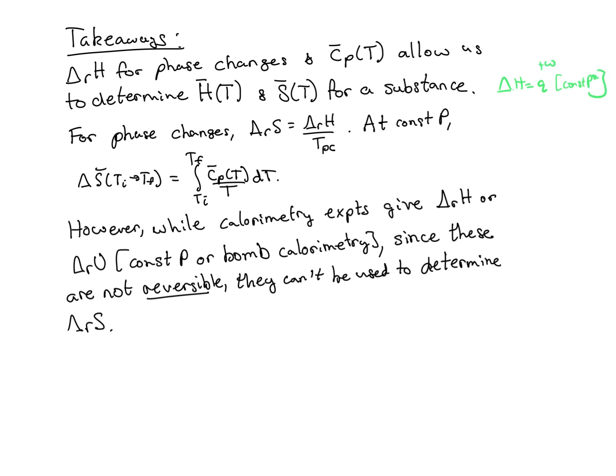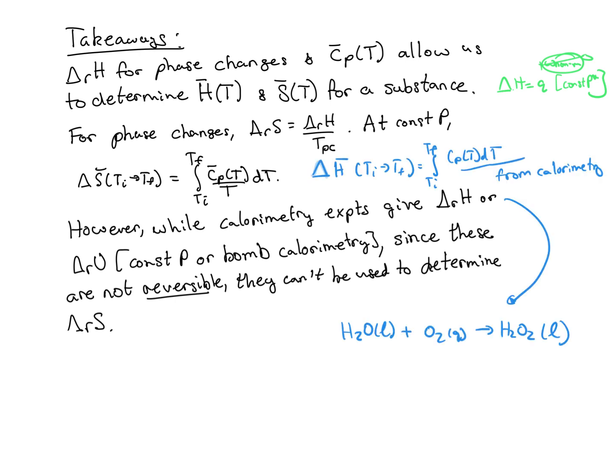Then at constant pressure, similarly, we can do calorimetry versus temperature, measure the heat flow to determine Cp for the substance. Cp directly will give us delta H, and then we can get delta S by taking the Cp, dividing it by T, and integrating.